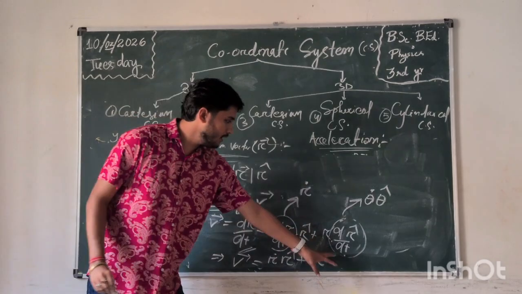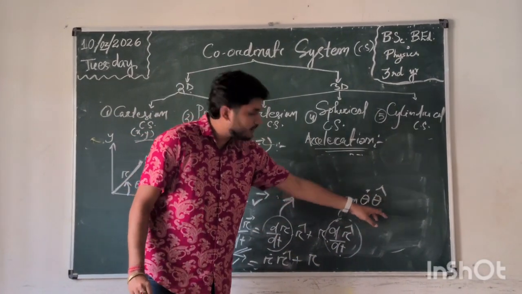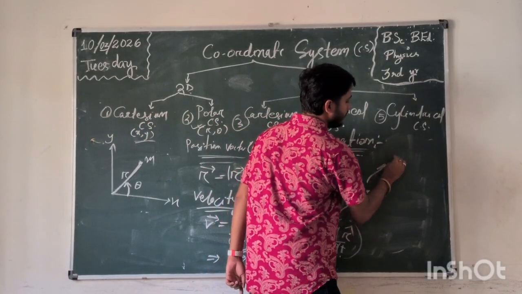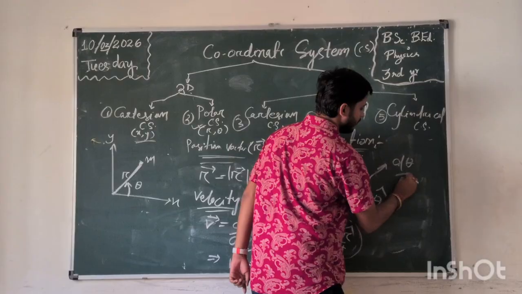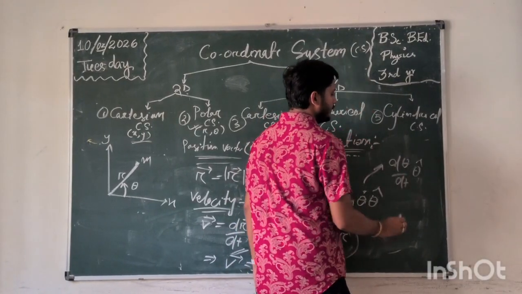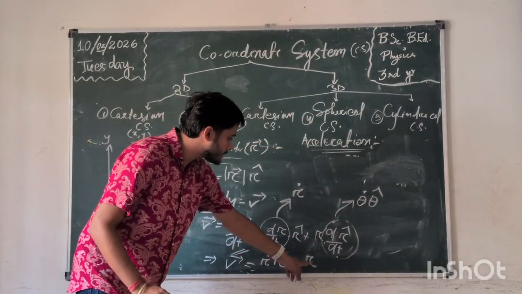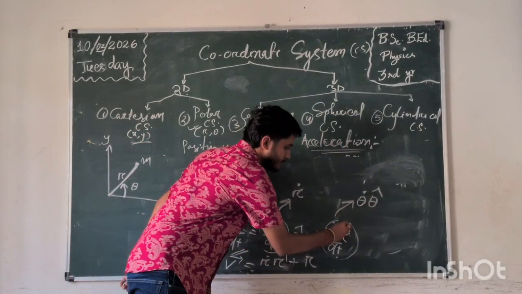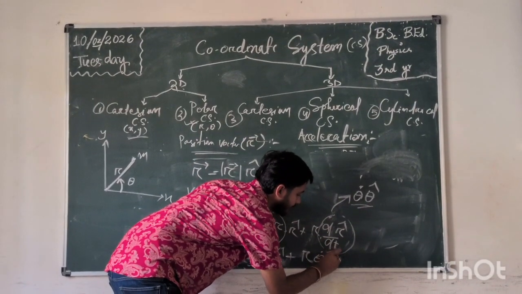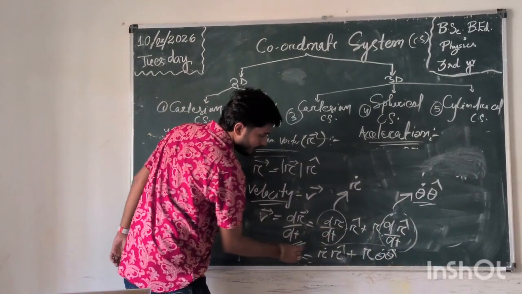You know what theta dot is: d theta by dt. So we can write v as r dot r cap plus r into theta dot into theta cap. So this is our final expression for velocity.